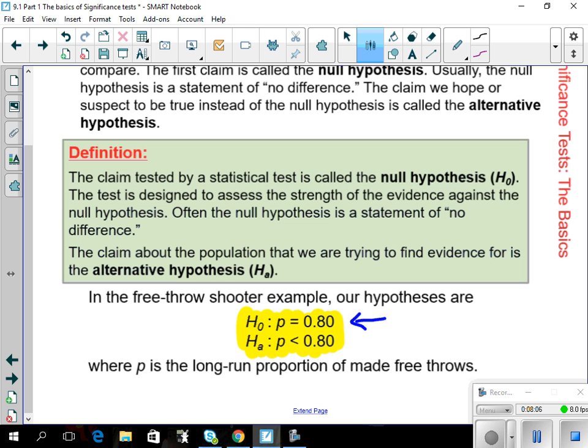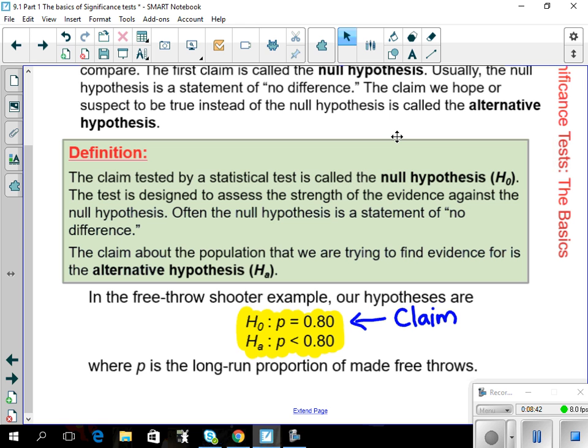The ho is always the claim. I remember this by thinking, oh, she claims to be a hoe. Okay? So I'm just saying, I know it's terrible. All right? But it's just kind of something that sticks in my head. That's going to be the claim. The person claimed to be an 80% free throw shooter. Almost always it's an equal to scenario. Okay? It's the claim. It equals that thing.